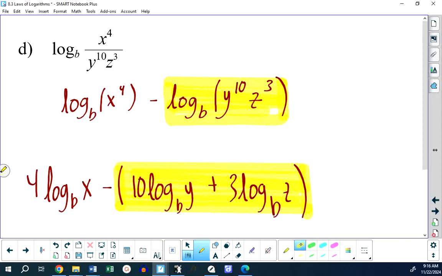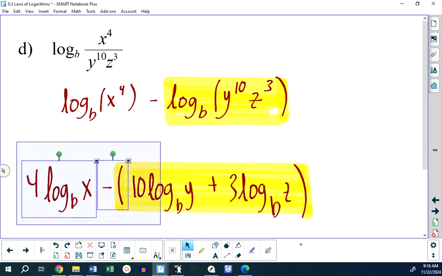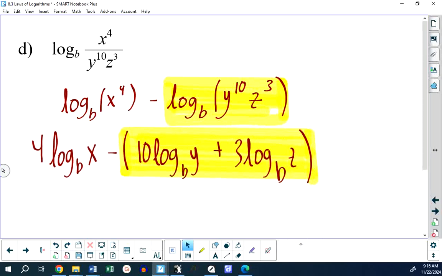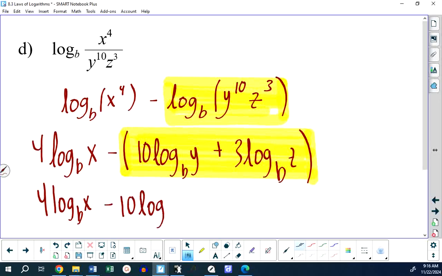So the result is going to be that what you end up with is 4 log base b of x minus 10 log base b of y minus 3 log base b of z. And right at the beginning of the lesson, when we talked about the quotient law, which is what we're applying for this initially, I said that if you have something that's in the denominator, the logarithm will be negative.